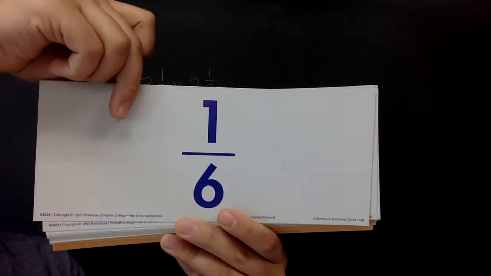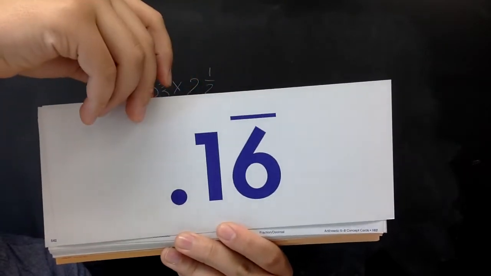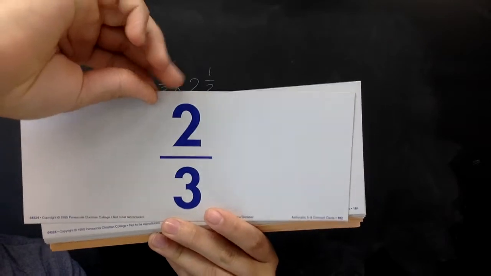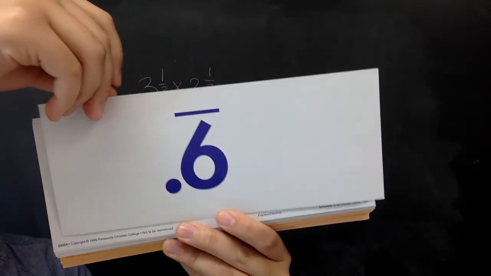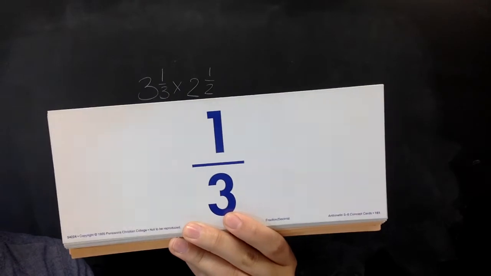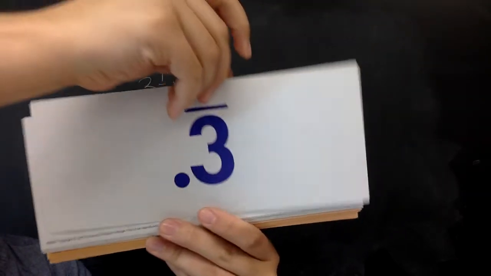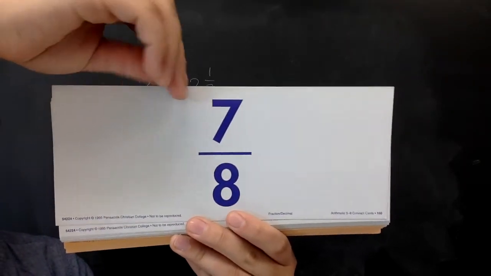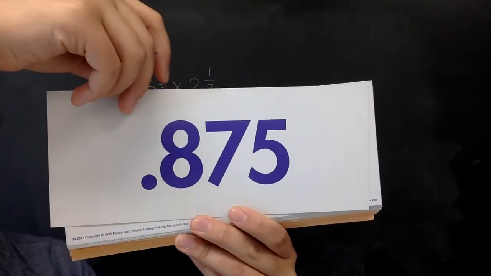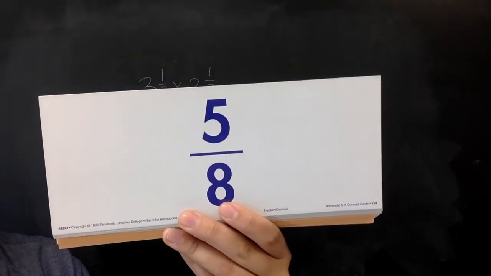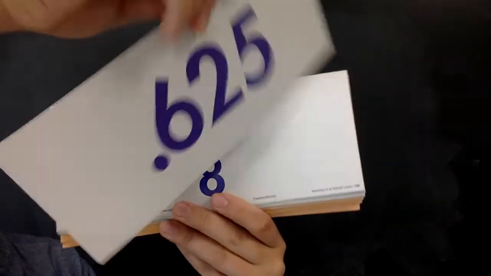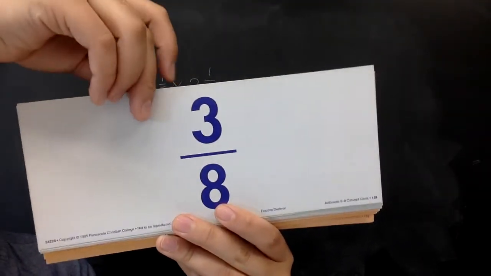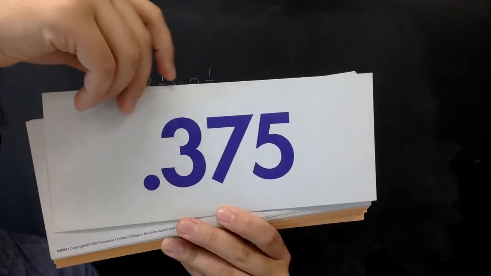For 1/6, 0.1666 with the 6 repeating. 2/3: 0.666 repeating. 1/3: 0.333 repeating. 7/8: 0.875. 5/8: 0.625. 3/8: 0.375.